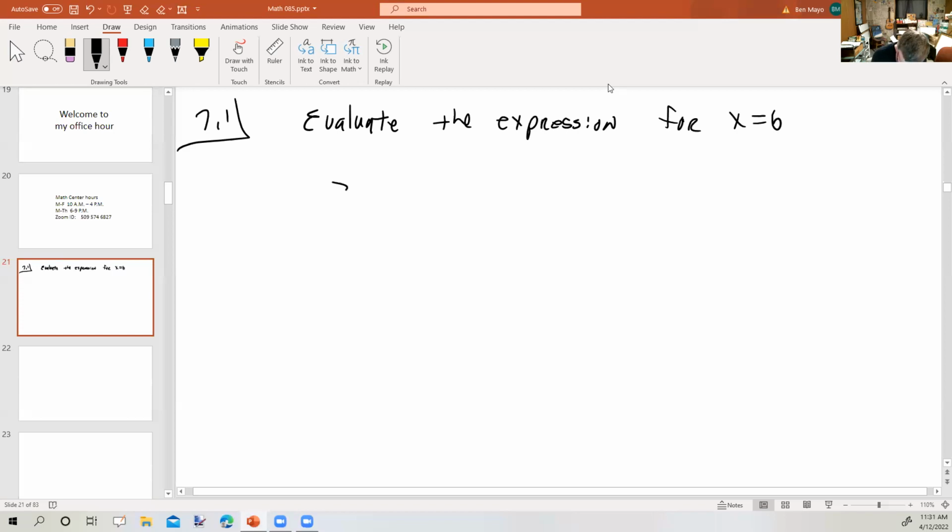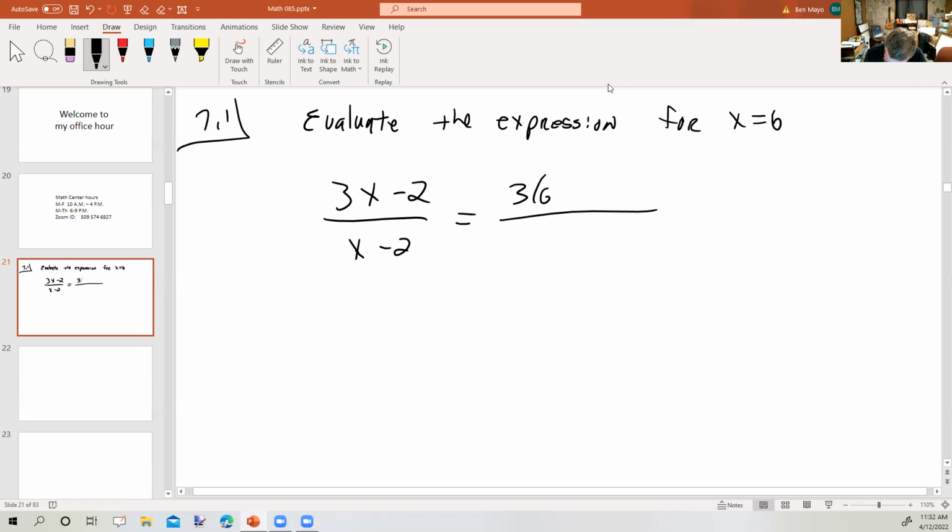And the expression is (3x minus 2) over (x minus 2). So what we're going to do is take this rational expression, basically an algebraic fraction, a fraction with at least a variable in it is called a rational expression. And we're going to replace all the x's with 6's.